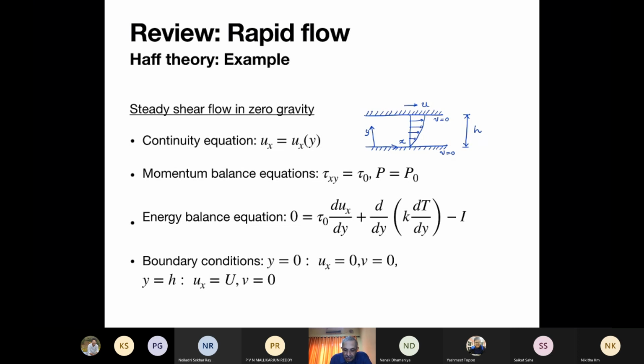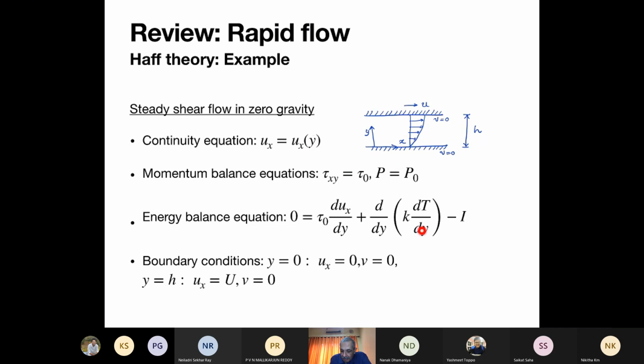And what we had already seen is that here we have the mean velocity ux depends only on y. If we solve the momentum balance equation, we see the shear stress is a constant, we're calling it tau zero. The pressure is a constant, we're calling it T0.